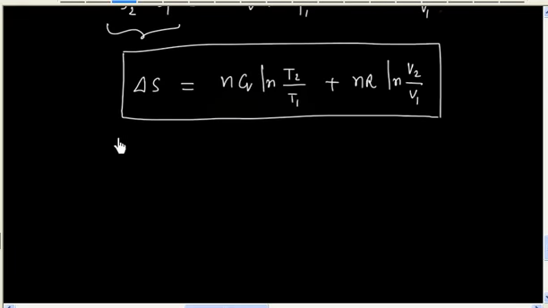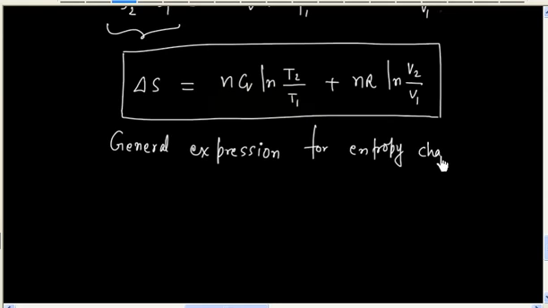So this is the general expression for entropy change, and it is given in terms of two variables, temperature and volume.